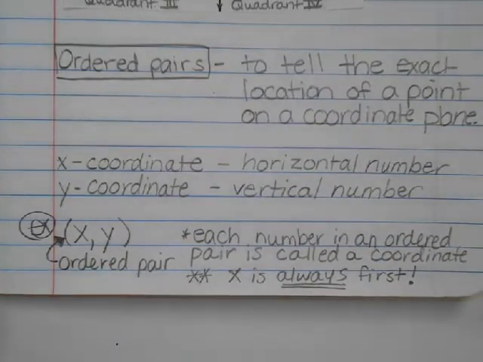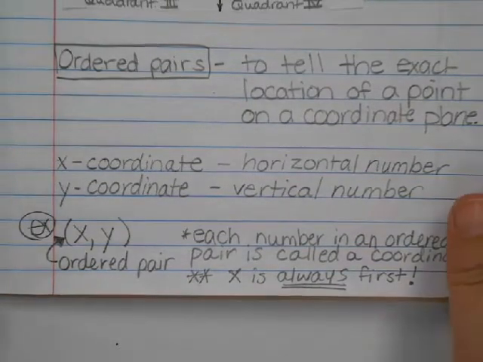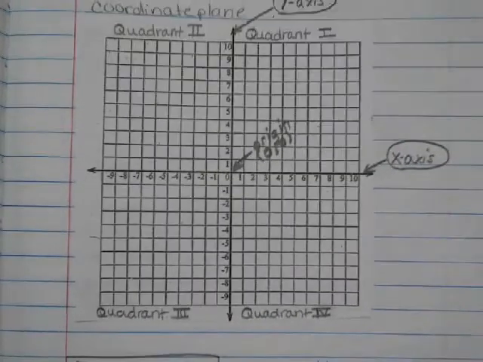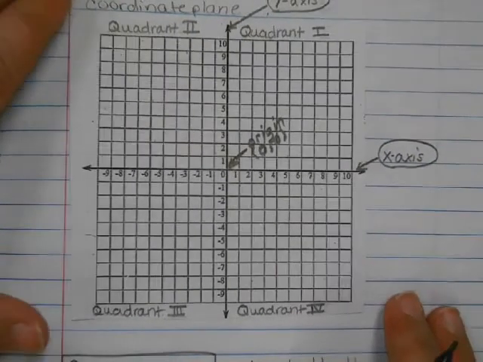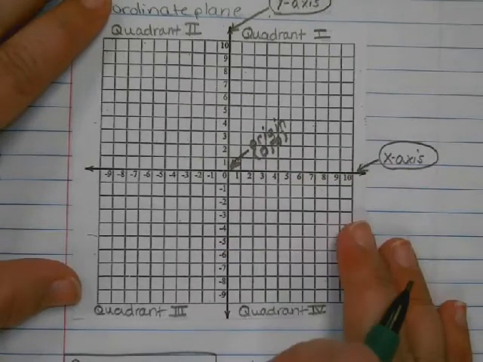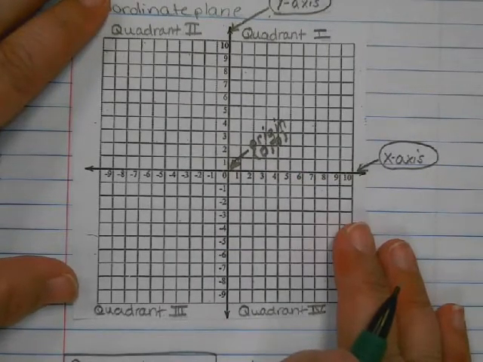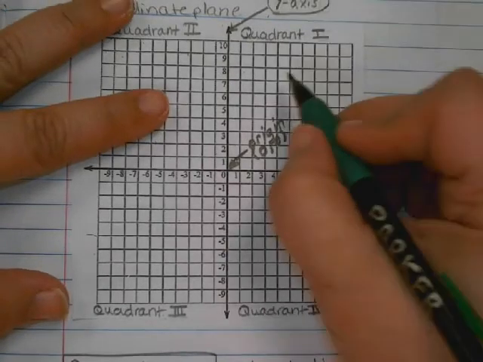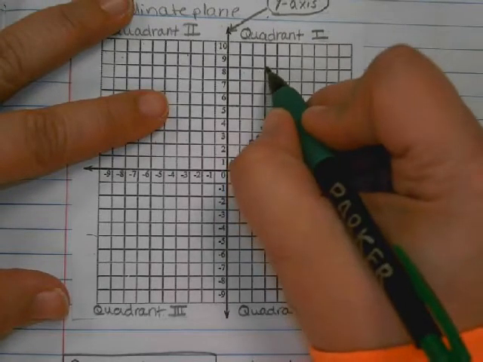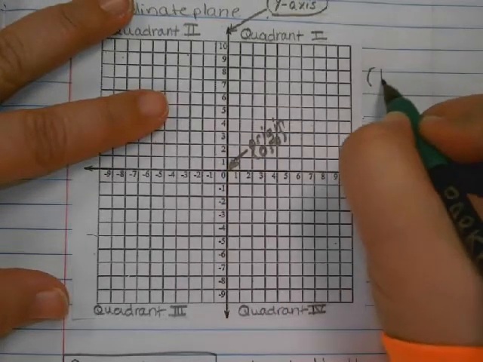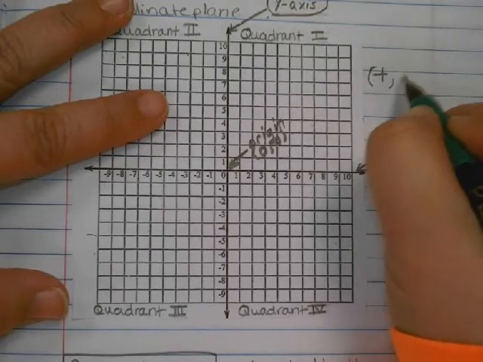Now, before we move on to our math lesson in Eureka, I want to just point out a few things to you up here back to the coordinate plane now that we've talked about ordered pairs. In quadrant 1, your ordered pairs will always be positive and positive.